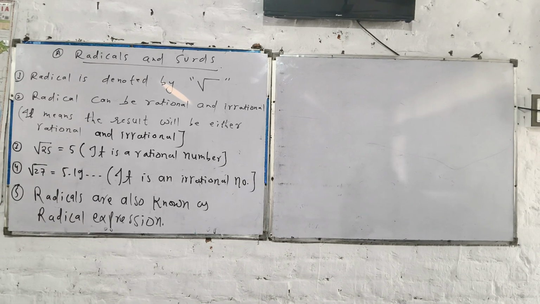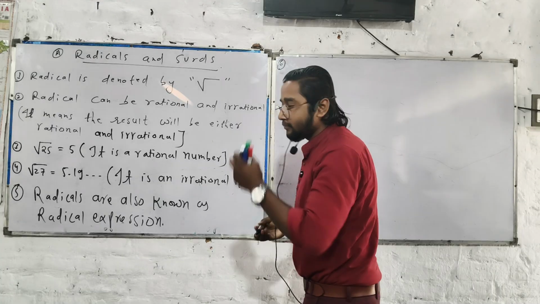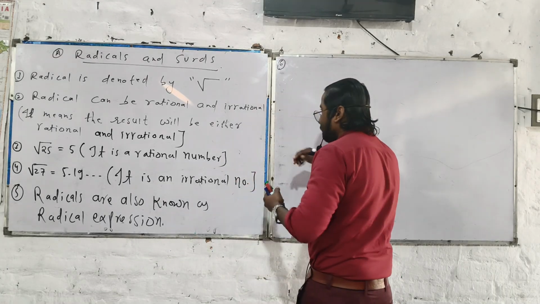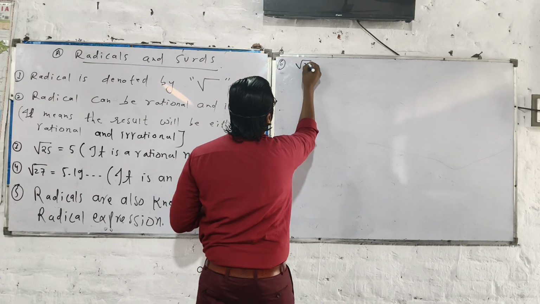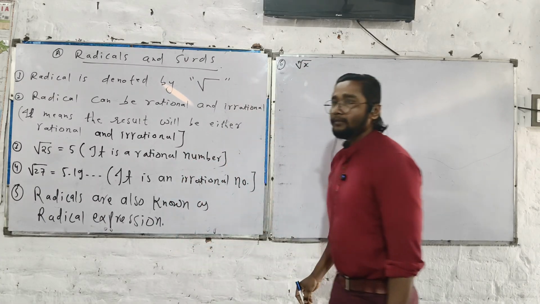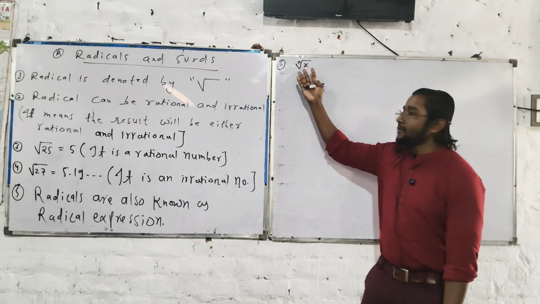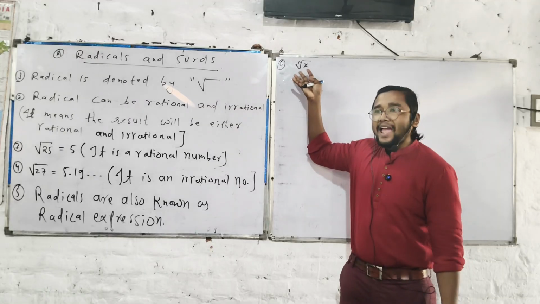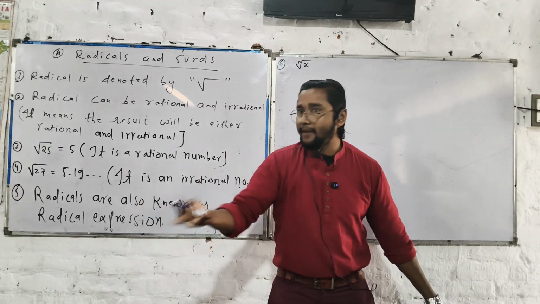What more can we learn? Point number 6. Try to understand now. Somebody writes, for example, the nth root of x. What do you call this? What is the meaning of the nth root? What is the value of n here? The value of n can be 1, 2, 3, 4, 5, anything.